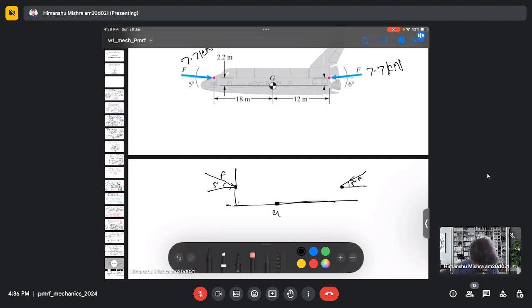And this distance is 2.2 meter, this is 18 meter, and this is 12 meter.